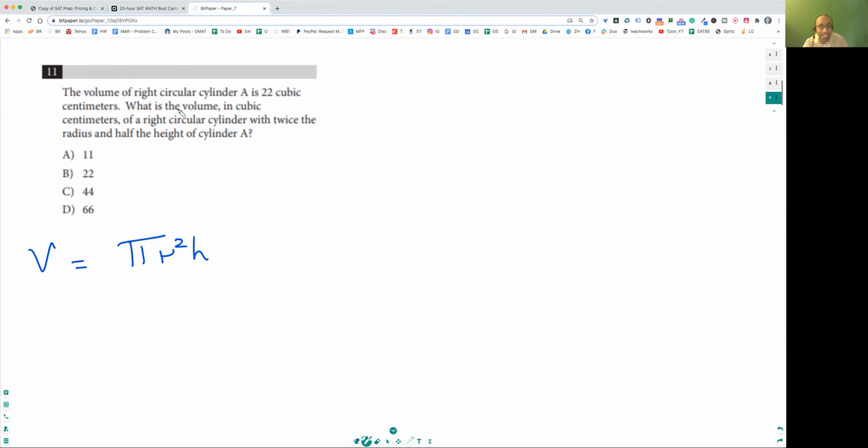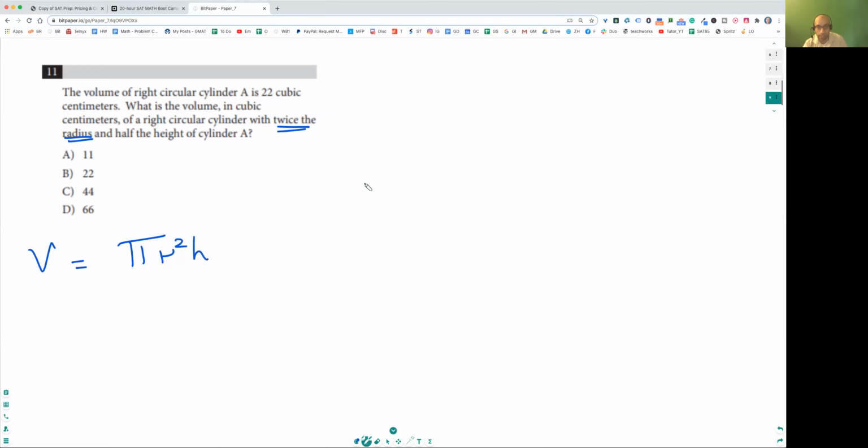So what are they saying? They're saying twice the radius, and remember, we've done this before. If the radius doubles, always think about it like this: always take these numbers to be 1 and 1. Very simple.